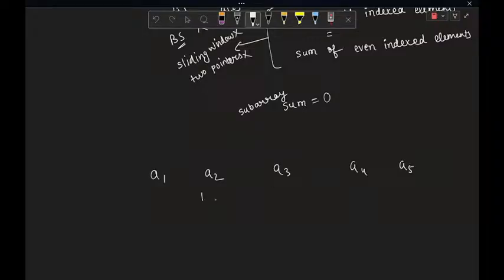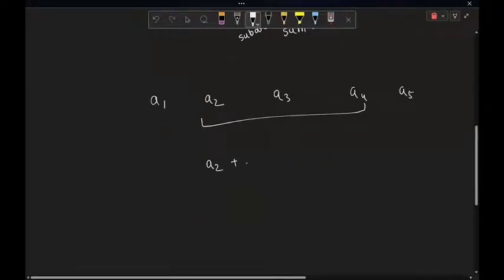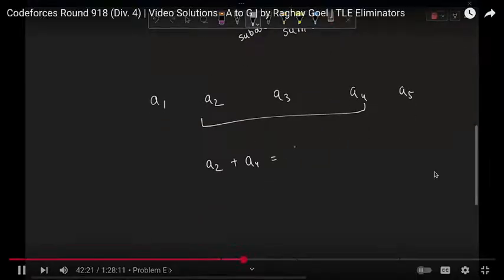I wanted to find some subarray where the sum of the even indexed elements is equal to the sum of odd indexed elements.